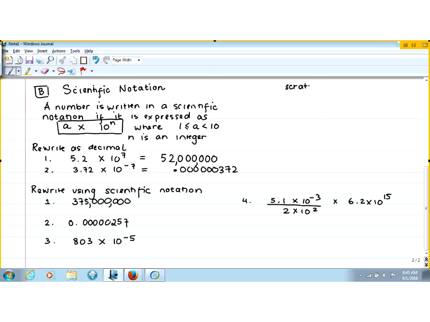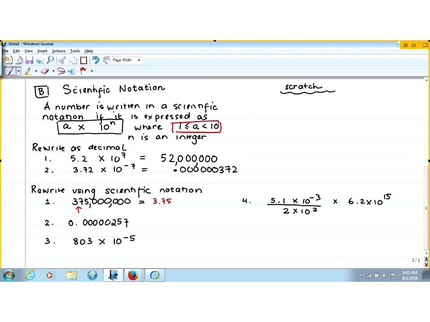So sorry, I'm going to do the scratch here. All right. So, what is 375 million? How do I write my scientific notation? 3.75. Why don't you do it 37.5? Why would you do it 3.75?